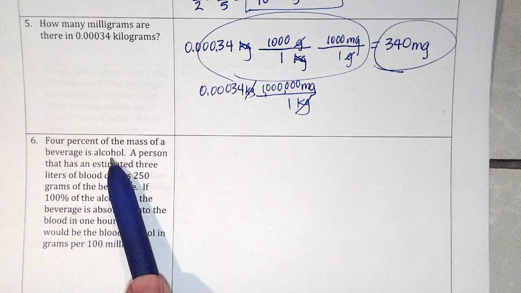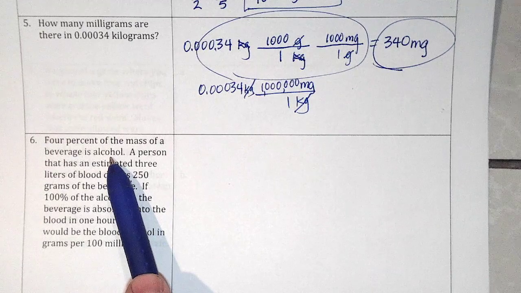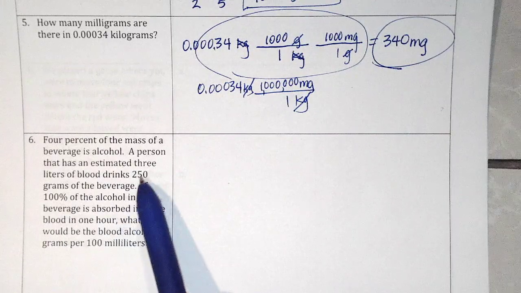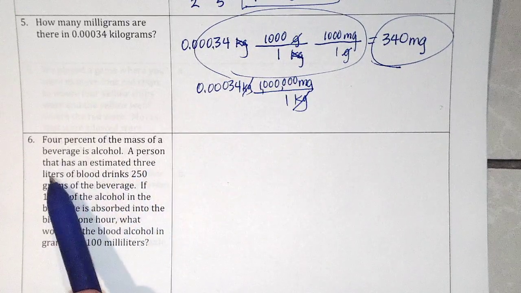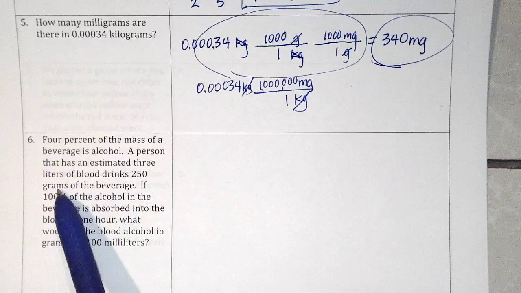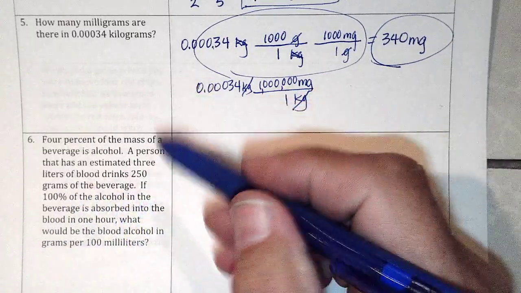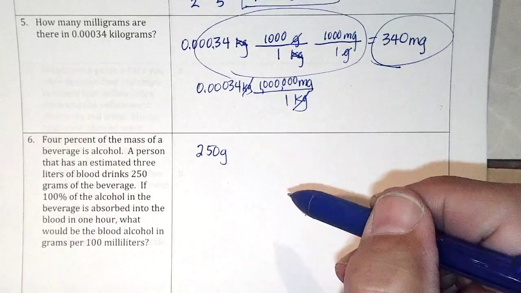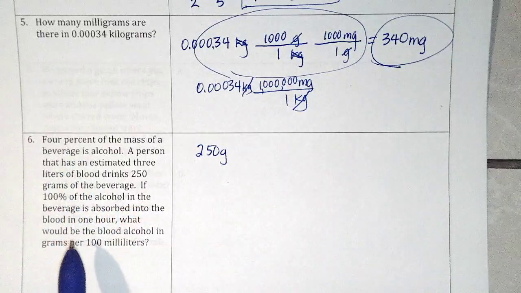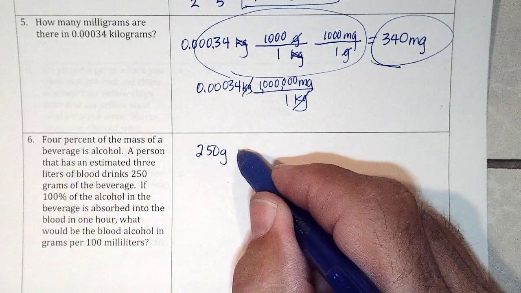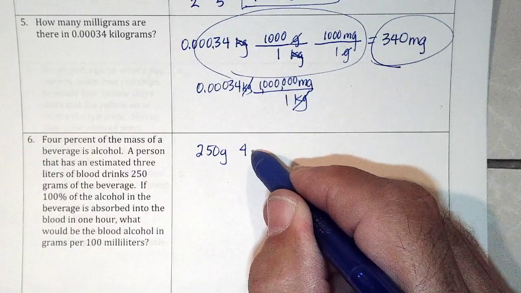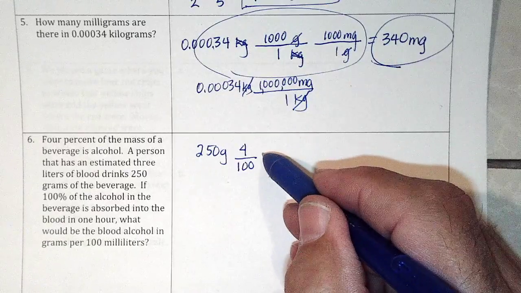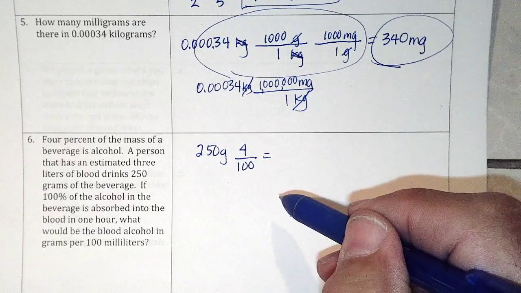4% of the mass of a beverage is alcohol. And a person is estimated 3 liters of blood drinks 250 grams of a beverage. So if they drink 250 grams and 4% of it is alcohol, so 4 parts out of 100 parts is alcohol, this will tell me how many grams of alcohol.